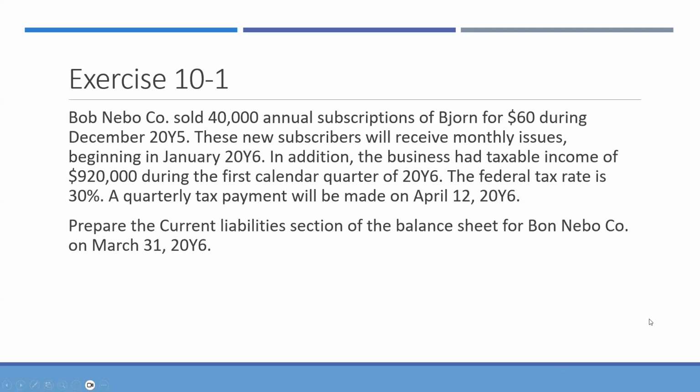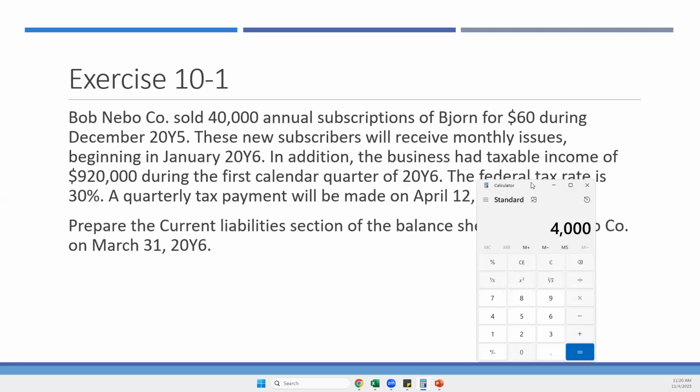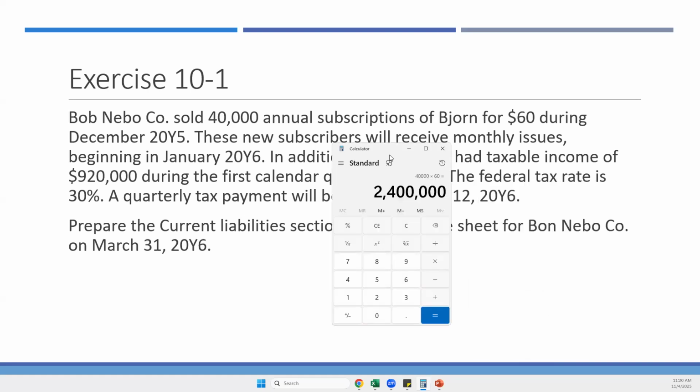So if we think about this, the amount of the annual subscriptions is going to be 40,000 times 60. And so that's 2.4 million. That would be the liability as of December 31st, but we're preparing this as of March 31st.